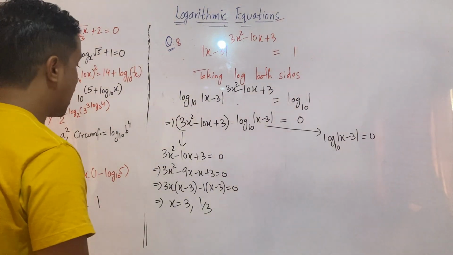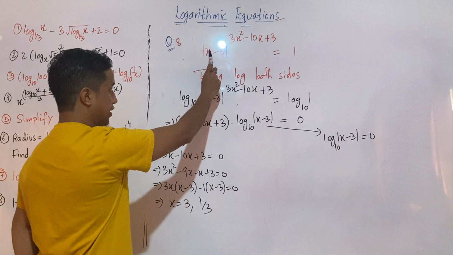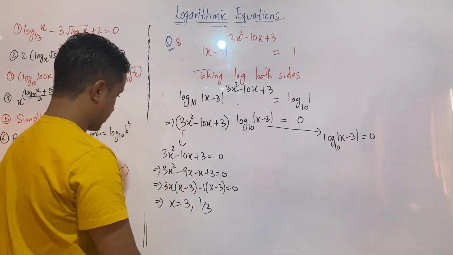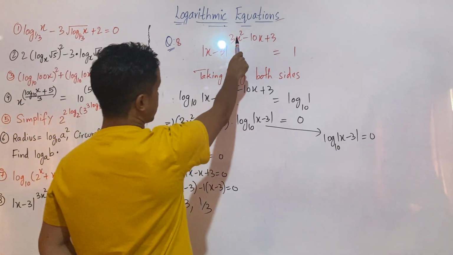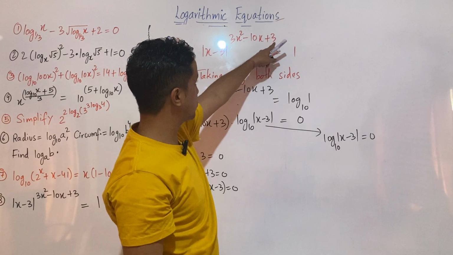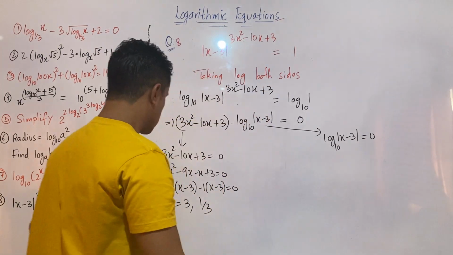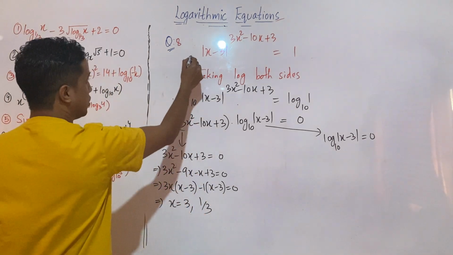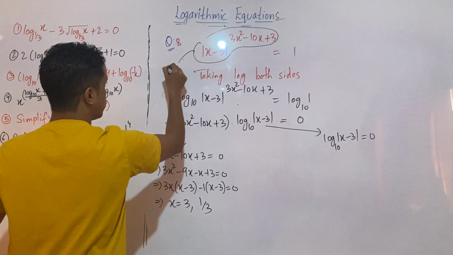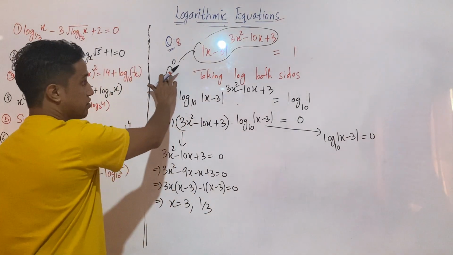Now if you put x equal to 3, this thing is going to be 0, and here 3 squared is 9 times 3, 27 plus 3, 30, and 10 times 3, 30, minus 30. So the whole thing will be like 0 raised to power 0, and this is not defined.